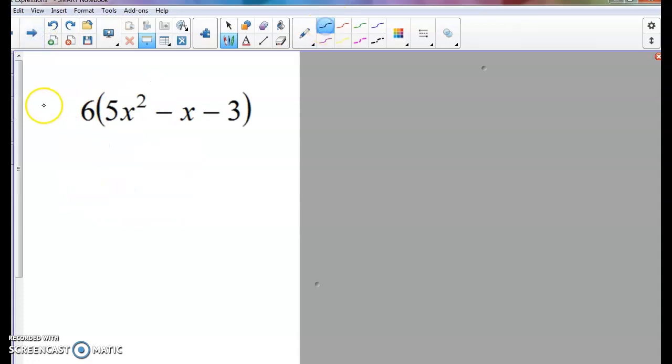Example 3. Once again, we have just the number in front, so just 6, times 5x squared minus x minus 3. So go ahead and jot this down. Now, when we distribute this one, we're going to take the 6 outside and multiply it to everybody inside. So 6 times 5x squared is 6 times 5, which is 30, and your x squared stays with it.